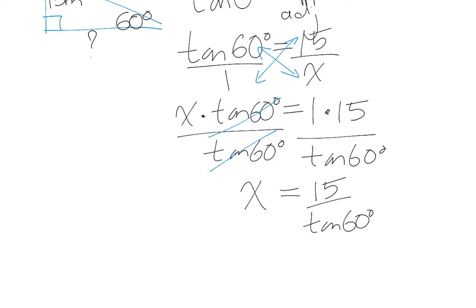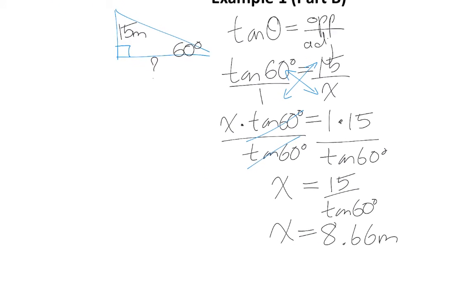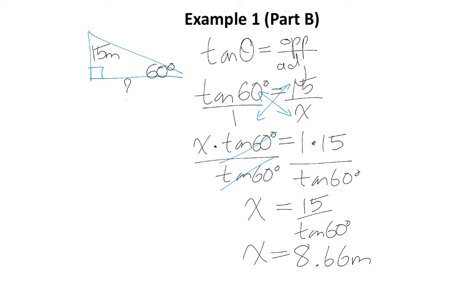So at this point, all you need to do is punch that into your calculator. So 15 divided by tan 60 is equal to about 8.66. Therefore, we've just discovered that Emma is about 8.66 meters from the house.